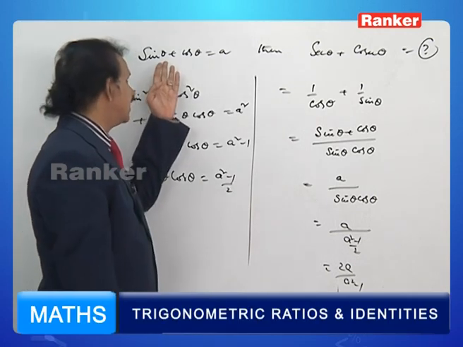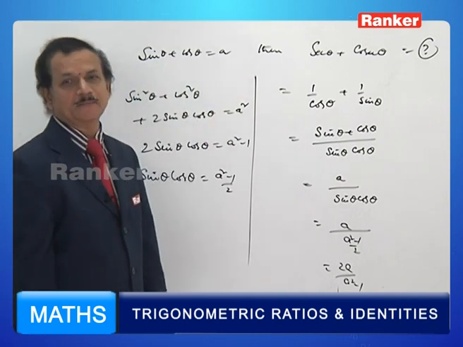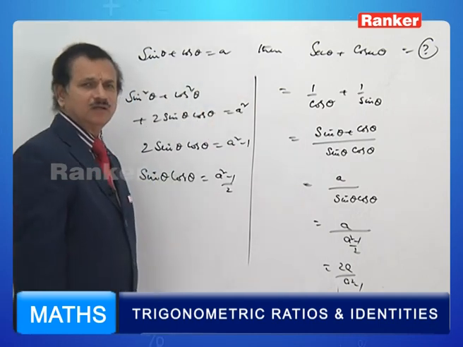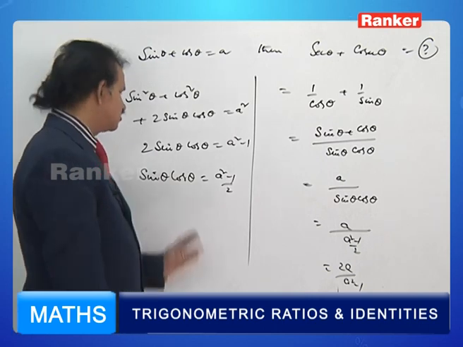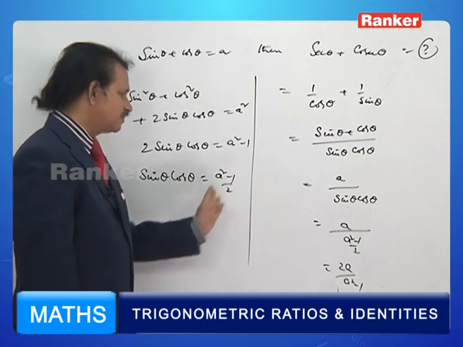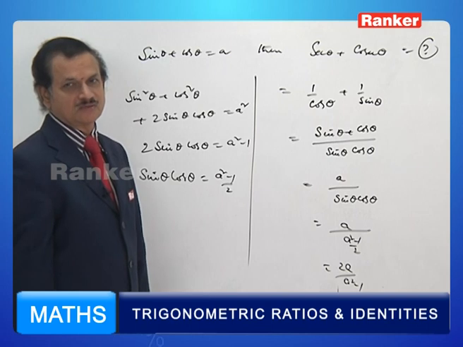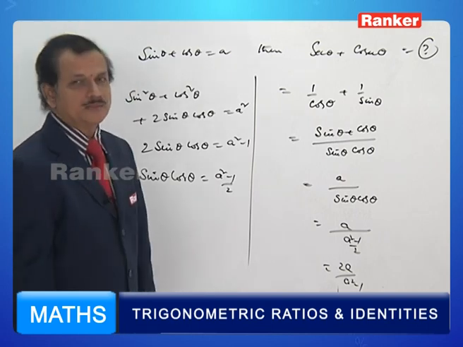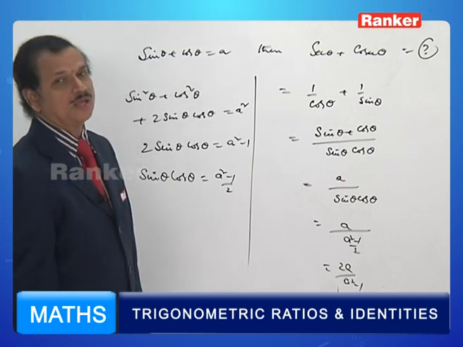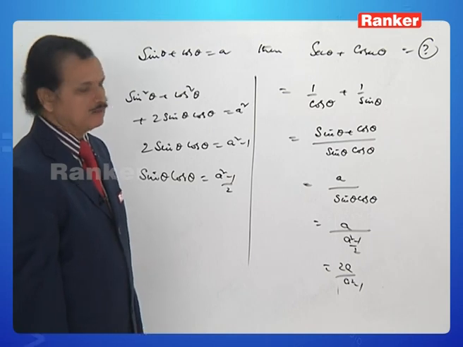Use the given item, that is sin theta plus cos theta is equal to A. Make use of that to get sin theta cos theta, and in the place of sin theta cos theta you just put A square minus 1 by 2, so that the answer is 2A by A square minus 1 is the right answer.